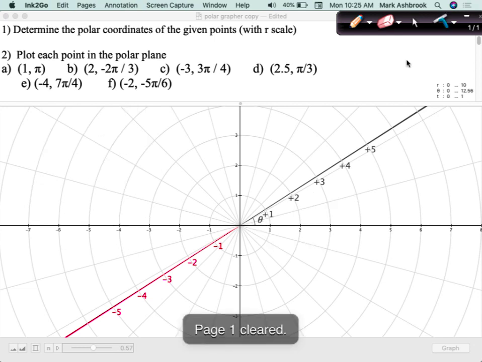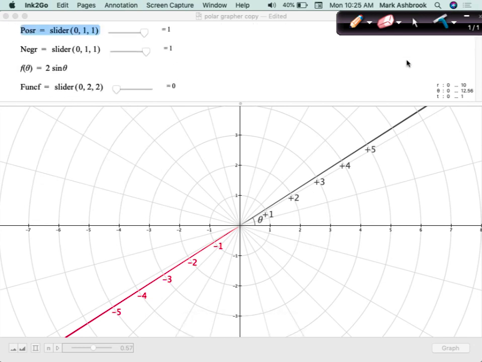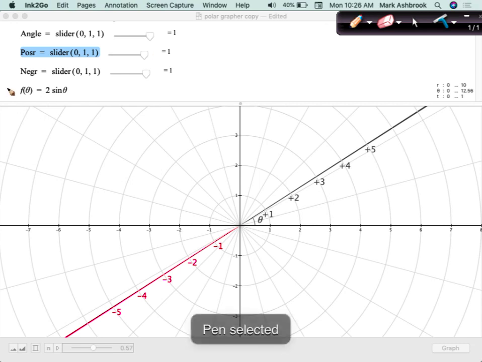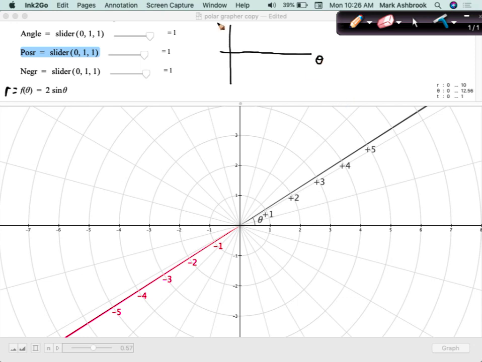Let's look at this function, f of theta, or r, is 2 sine theta. The way that we sketch polar graphs is we first sketch in rectangular coordinates, where theta is our independent variable on the horizontal axis and r is our dependent variable on the vertical axis. So we need to sketch 2 sine theta.